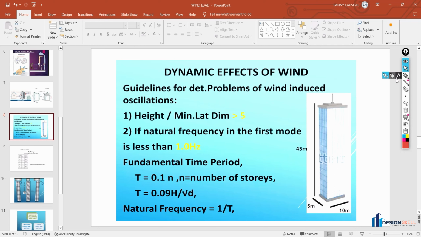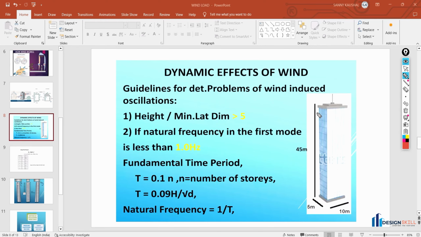So what is the first condition here? The ratio of height to the minimum lateral dimension, if it is greater than 5, then in that project you require to apply the dynamic wind. Let's suppose I have 45 meters as the height of my structure, and the minimum lateral dimension of this structure is 5 meters.